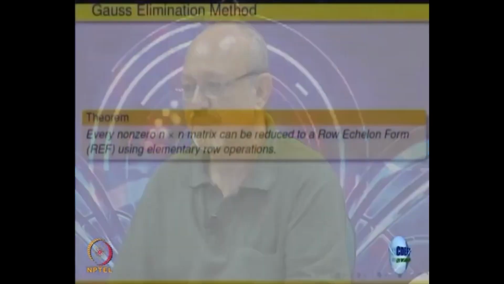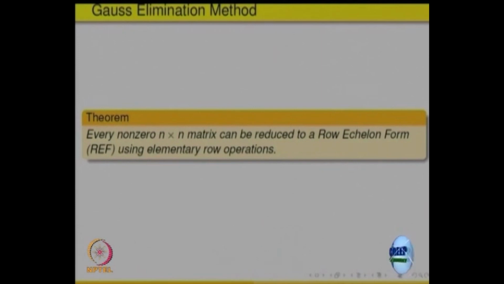So, this theorem says every non-zero... why should it be n cross n, it should be m cross n, there is a typo here. Every matrix, right, of any order m cross n, there is no relation between m and n, okay. There is a typo, it should be: an m cross n matrix can be reduced to a row echelon form.